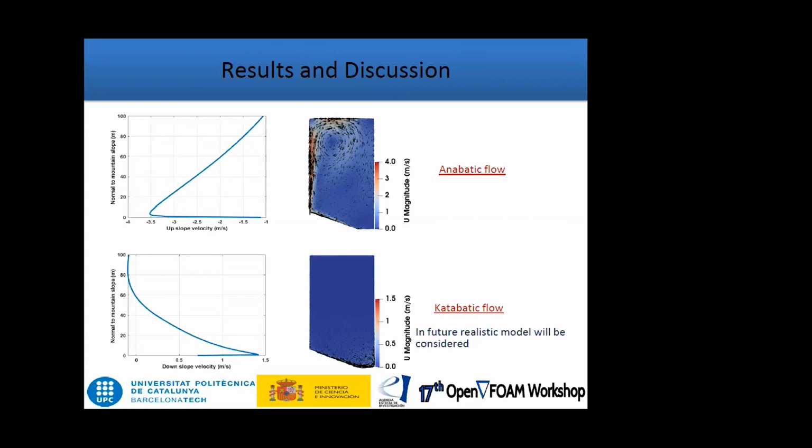Many questions were raised. But these velocity profiles and results gave them some confidence that OpenFOAM is able to simulate atmospheric boundary layer problems, and it can produce the diurnal effect.